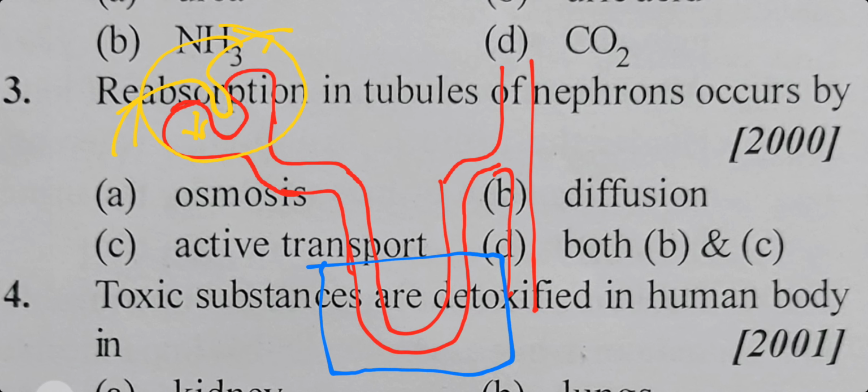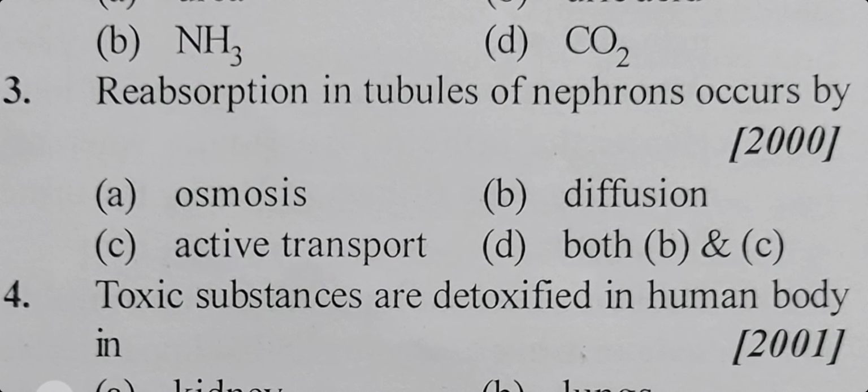If any molecules have to move against the concentration gradient, then there is need of some amount of energy, and that is why it takes active transport as well as diffusion. So the answer is both B and C. The reabsorption in tubules of nephron occurs by both diffusion as well as active transport.